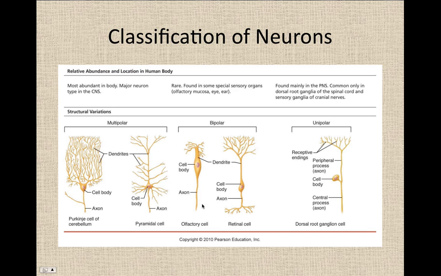Here are the two examples of bipolar. One, like we were saying, you have the olfactory cell. So here is the cell body, and then you have that dendrite that is going to lead to the receptive regions, and then the axon that is going to go all the way back into the brain. And then here you have the retinal cell. So the cell body is going to be in the blind spot of the eye.